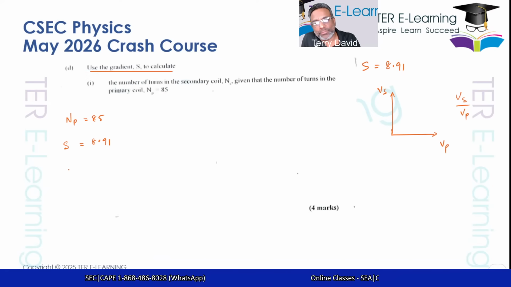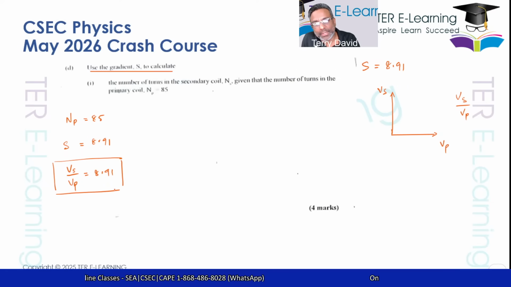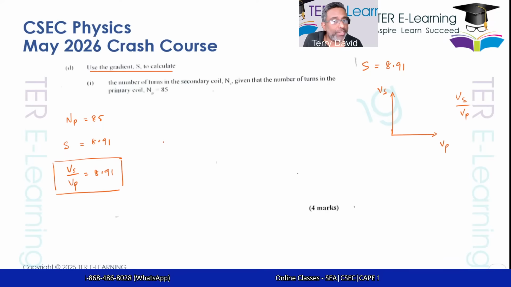So your ratio of Vs over Vp is equal to 8.91. That is what we know based on our graph. Now, the question wants me to work out the number of turns in the secondary coil, so we want to work out Ns.